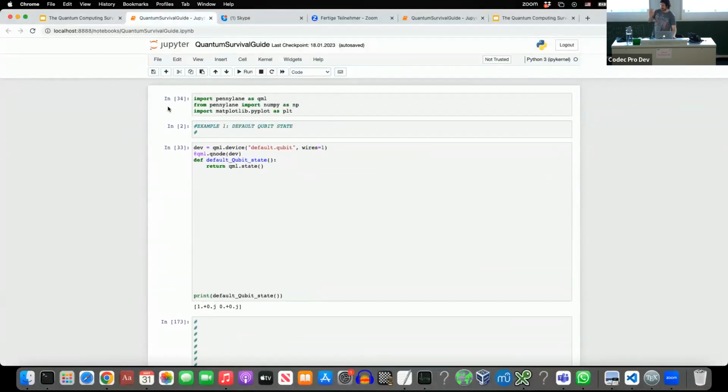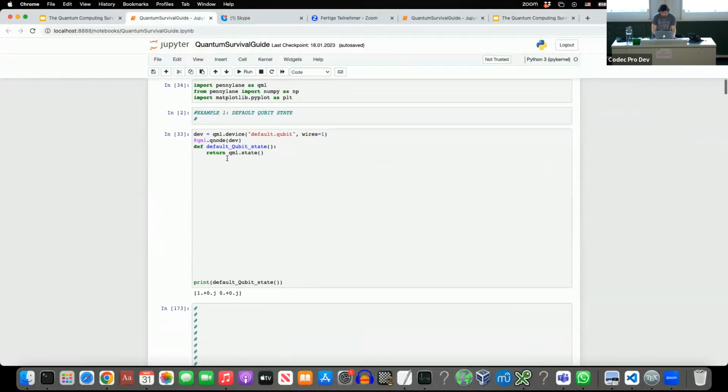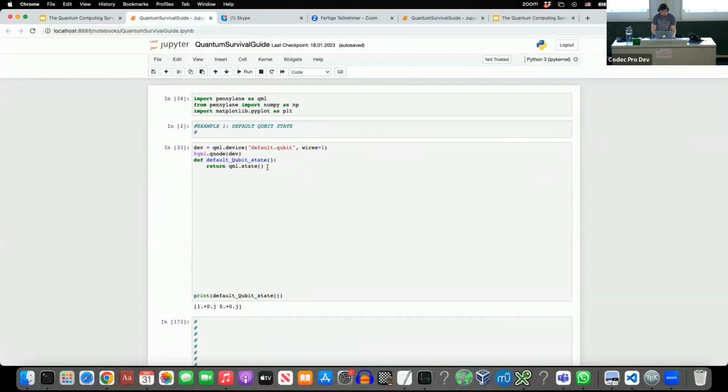On this top line, I'm just importing Pennylane and some other libraries that we will use later. This should not be too surprising. And in this cell, I am defining my quantum circuit. In order to do this, we need a little bit of syntax. First we define a device, which will just be the default qubit simulator.